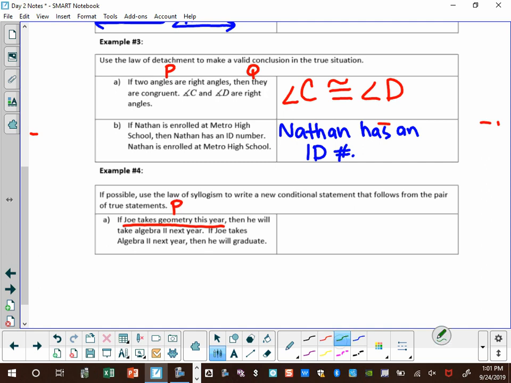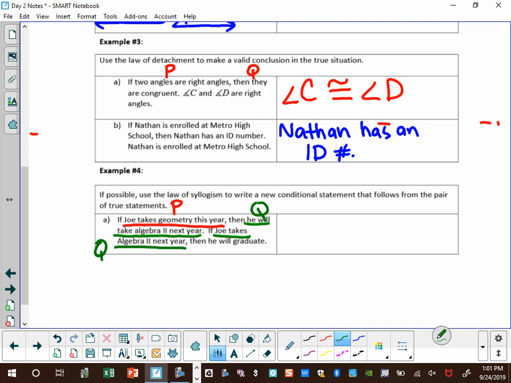Then he will take algebra 2 next year. So we have Q. If Joe takes algebra 2 next year, would that be P or Q? Q, because it already mentioned it.